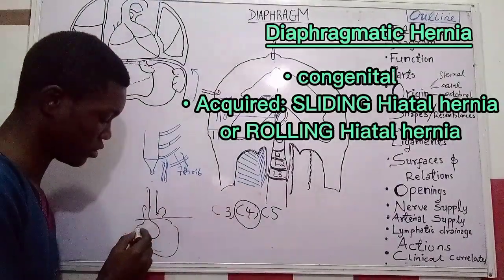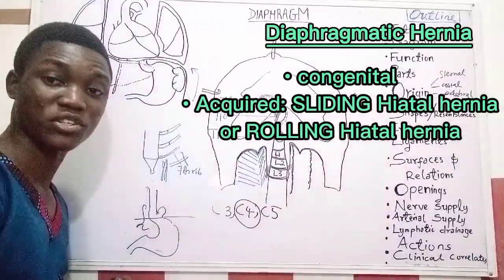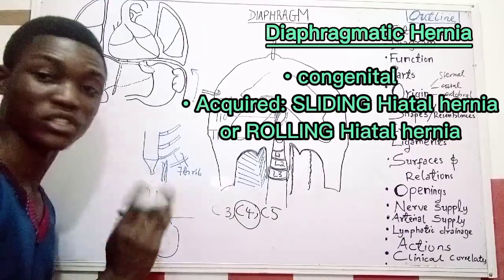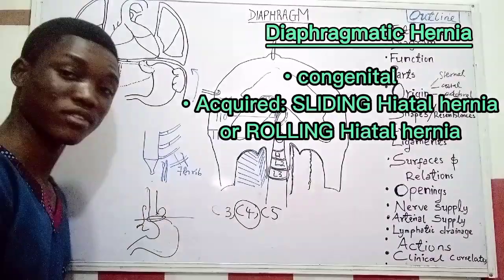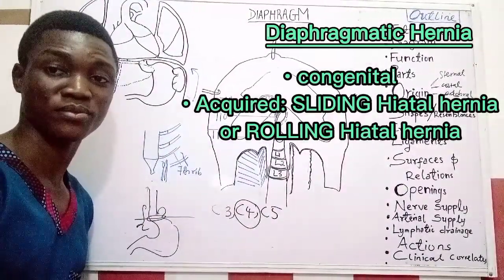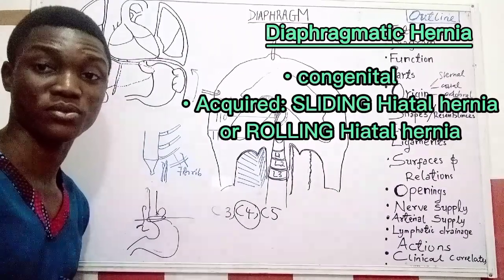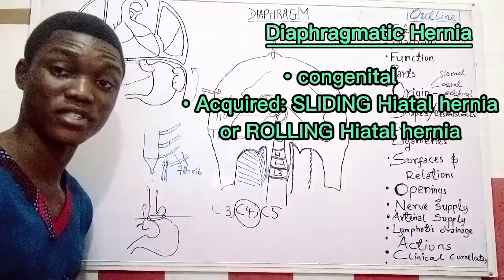It's seen protruding through the hiatus, resulting in gastroesophageal reflux disease.